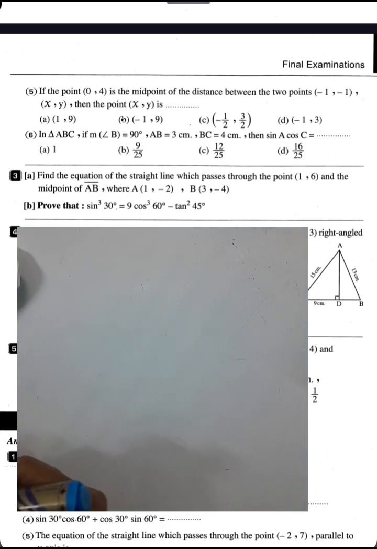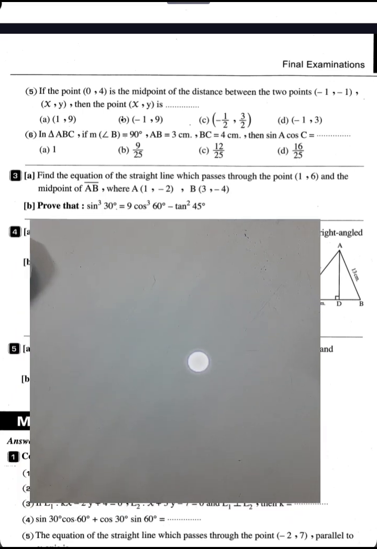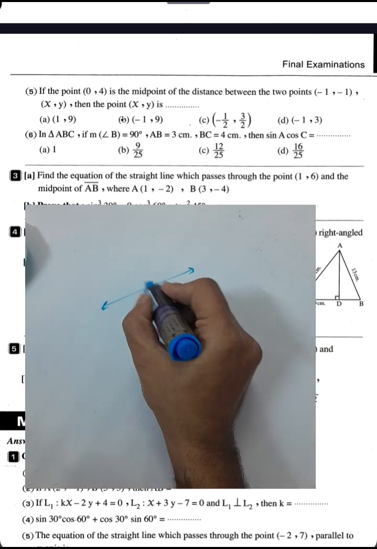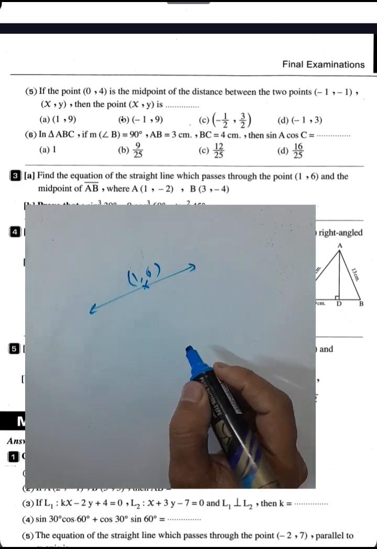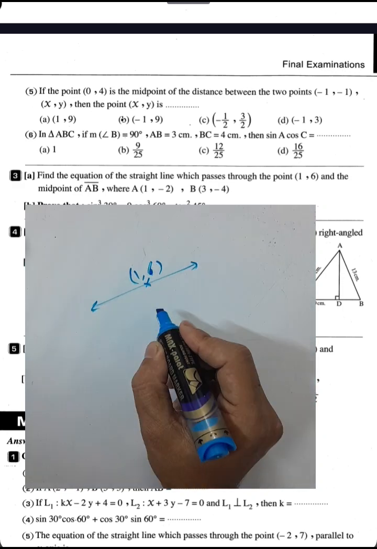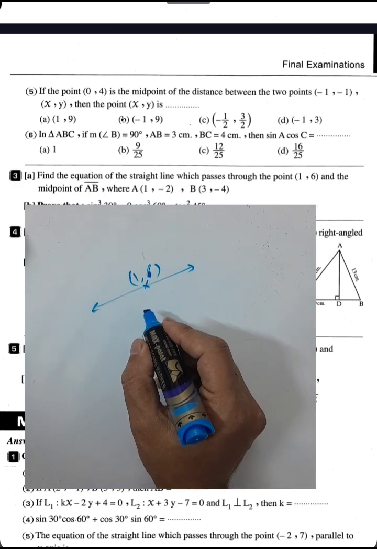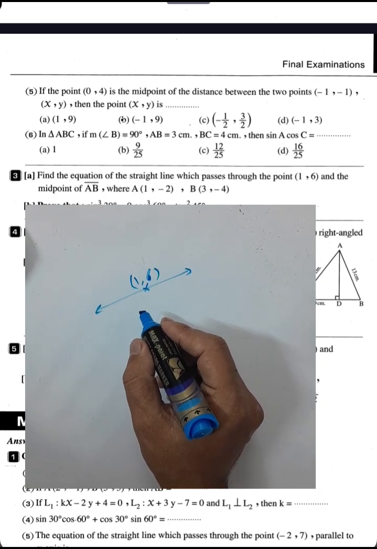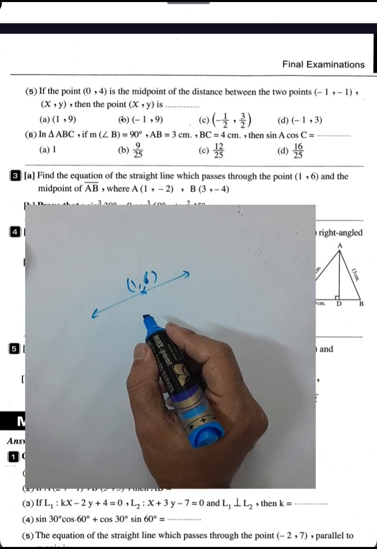Letter A: find the equation of the straight line passing through the point (1, 6) and the midpoint of AB.